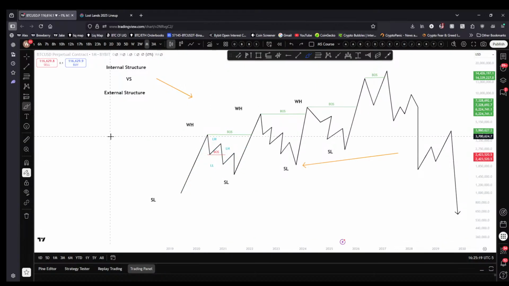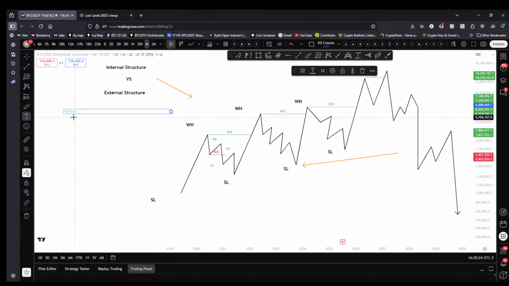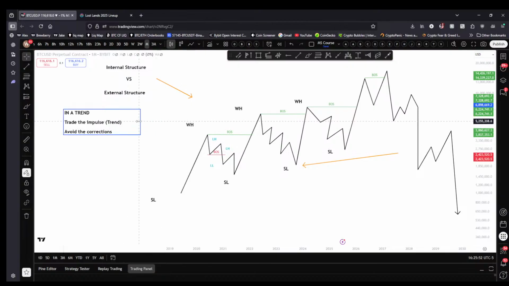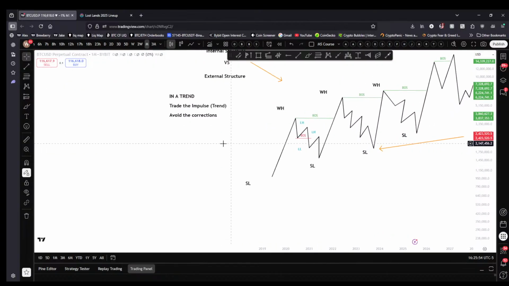If you are in a trend, you want to trade the trend. Trade the impulse. You want to avoid the corrections because you will get chopped up in the corrections. They are not fun to trade. Right?